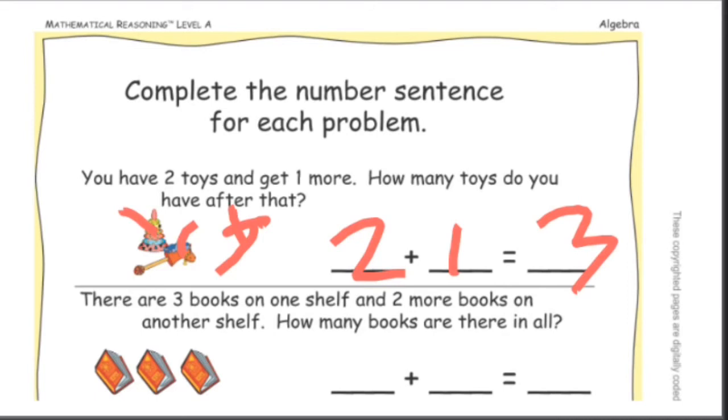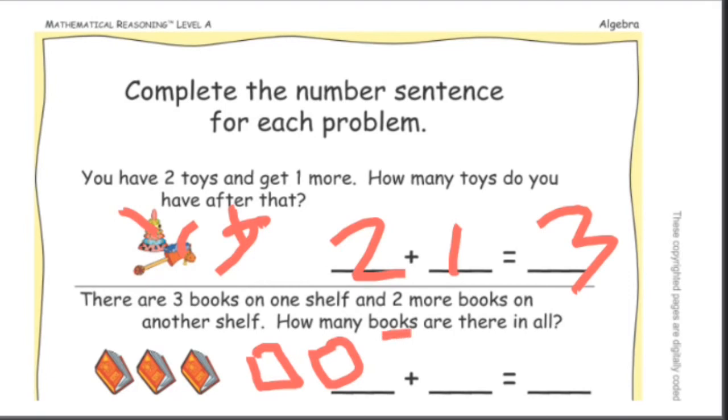Now the next example. There are 3 books on 1 shelf and 2 more books on another shelf. So 3 books on 1 shelf and 2 more. That means that we added 2. Alright, now how many books are there in all? First of all, I will draw my 2 more books. You see that? Yes.